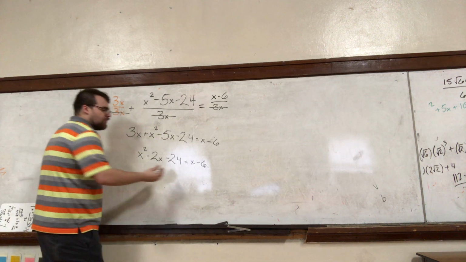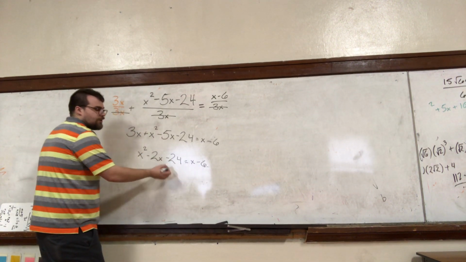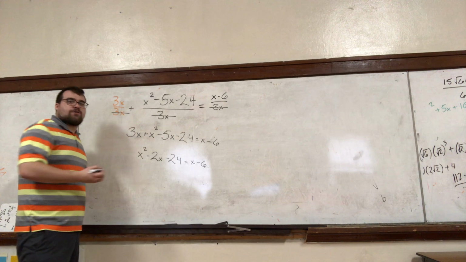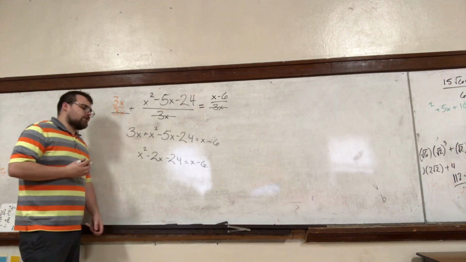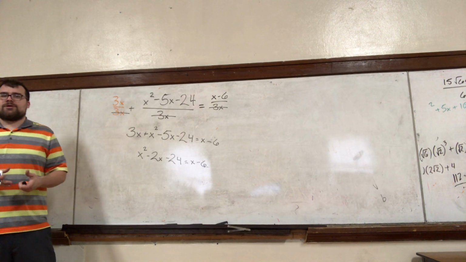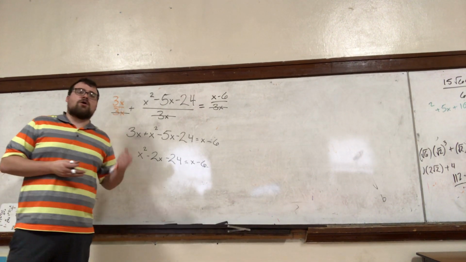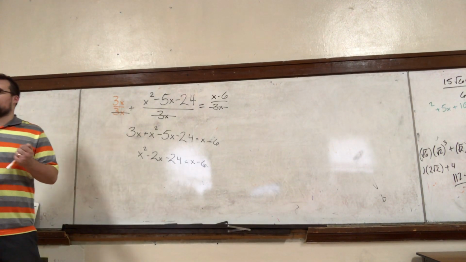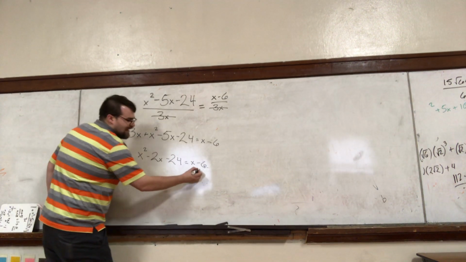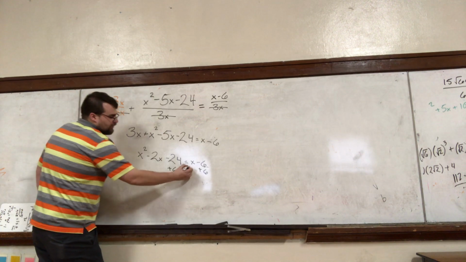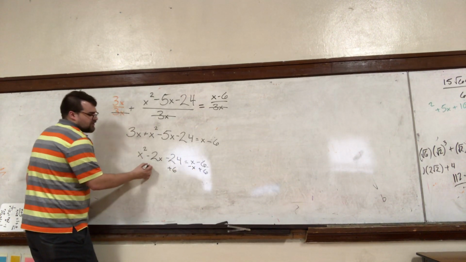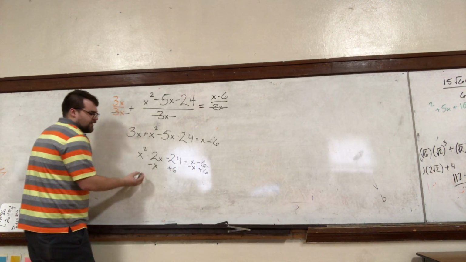So if I move this 6 over here, I move this x over here. Yes, Layla? Just a second. Effectively we're going to get all of our whole numbers combined, all of our variables combined. So I'm going to add this 6 to the other side, add this over here. I'm going to subtract this x to the other side, subtract this x over here, right?